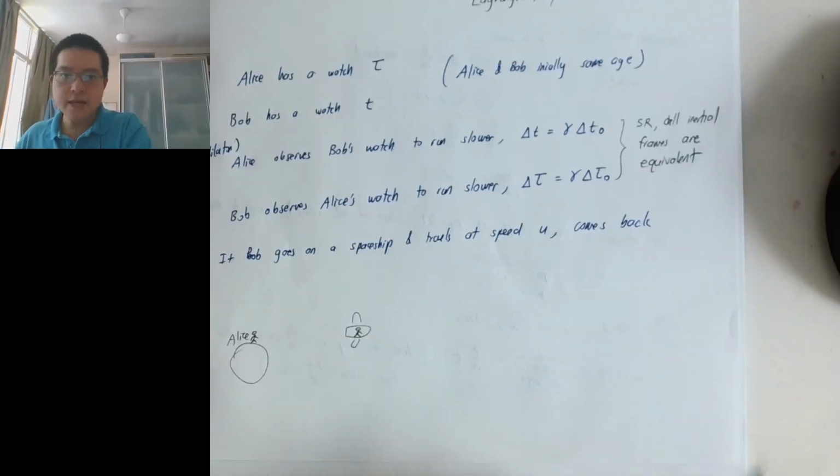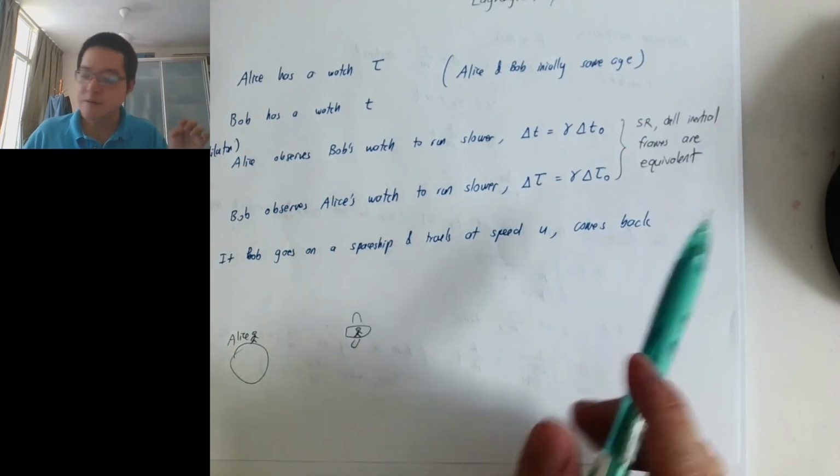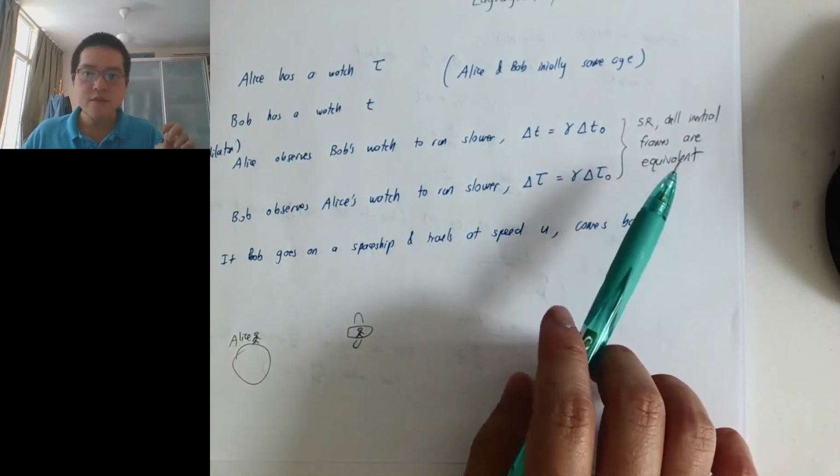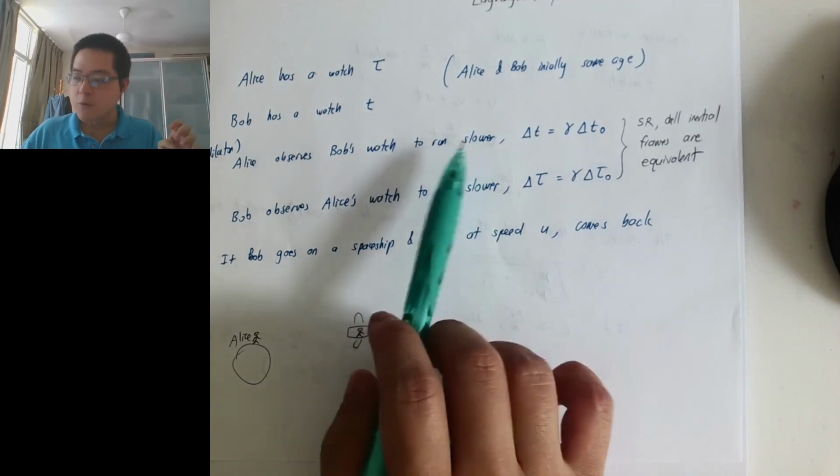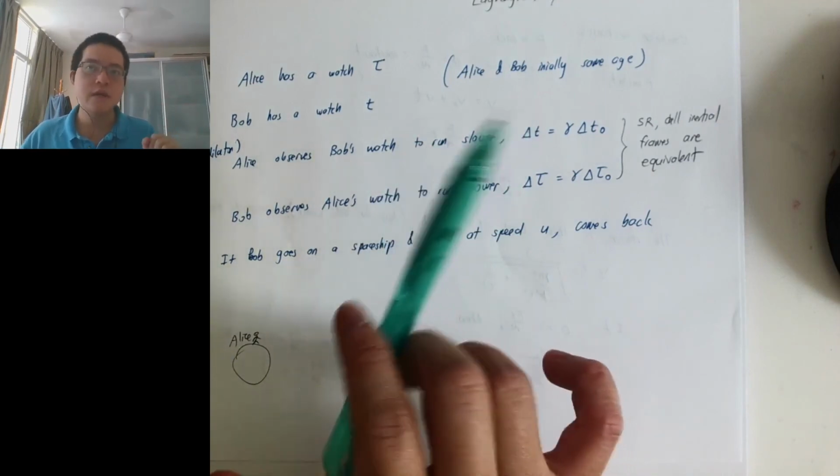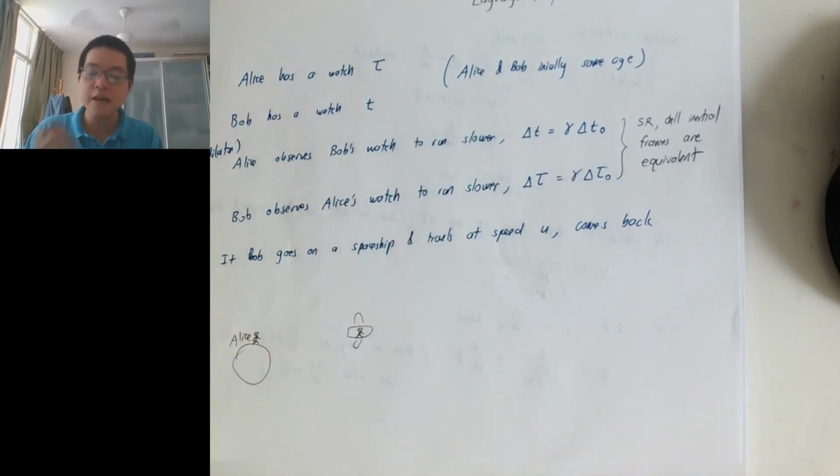That is another thing I should have emphasized more when we talked about inertial frames. Inertial frames are equivalent, which means we do not say who is correct, who is wrong. Nobody is correct, nobody is wrong, because everybody has their own measurement.